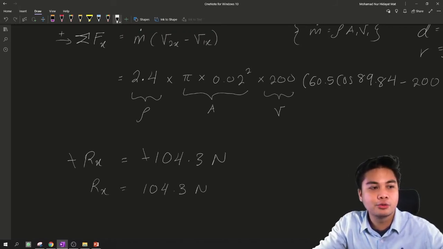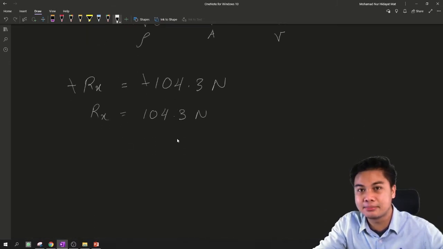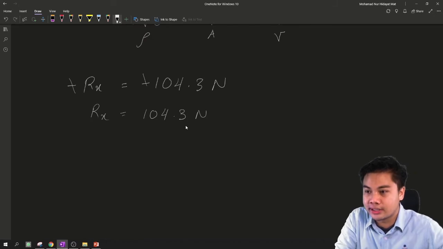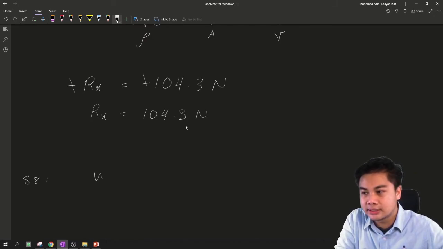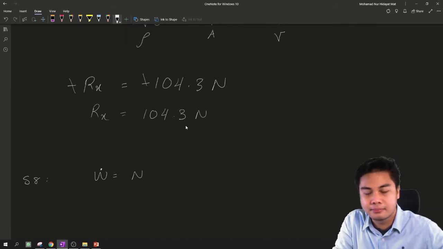Alright. After you find out the reaction force in x component, then you can get the maximum power output from this equation, step number 8, which is power output equal to number of jet nozzles multiplied with reaction force in x component multiplied with VB.